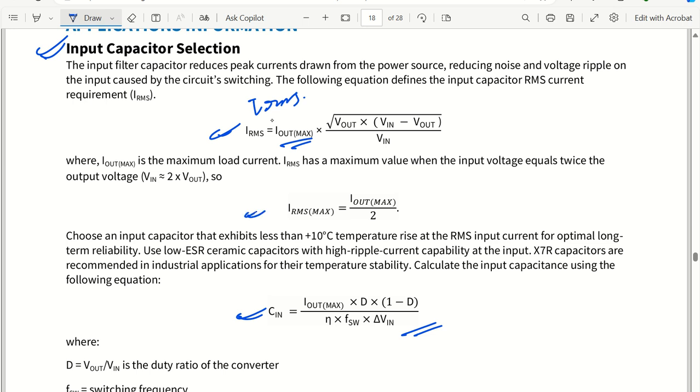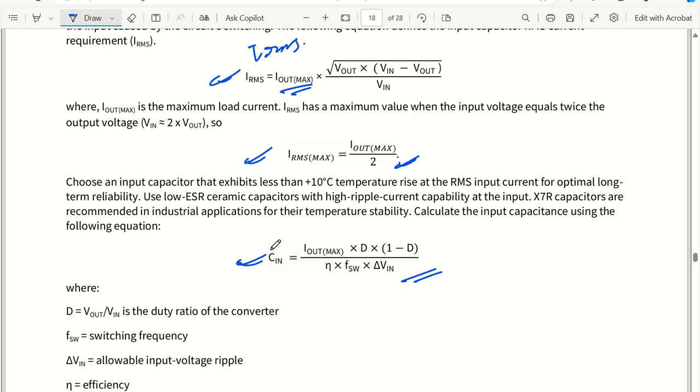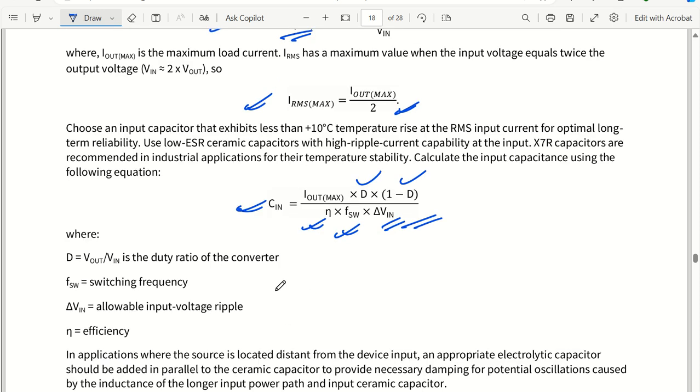IRMS maximum value is I out max by 2, and from here you get the input capacitor calculation using this formula, which requires your duty cycle times 1 minus duty cycle, divided by switching frequency times efficiency, and divided by delta V in, which is the allowable input voltage ripple. So voltage ripple allowed will be around, let us say, 30%. So 30% you can utilize.